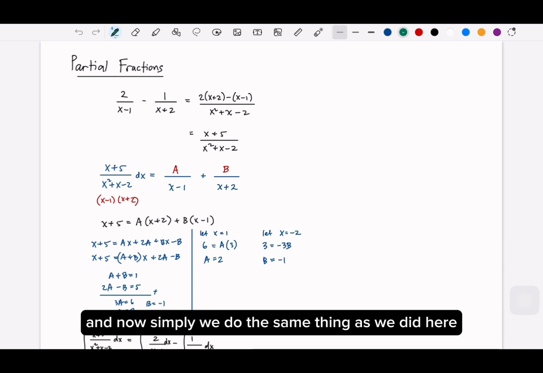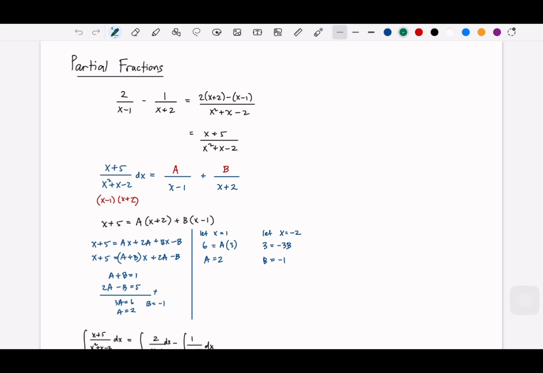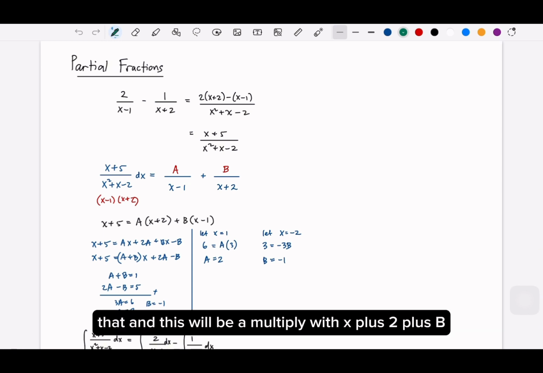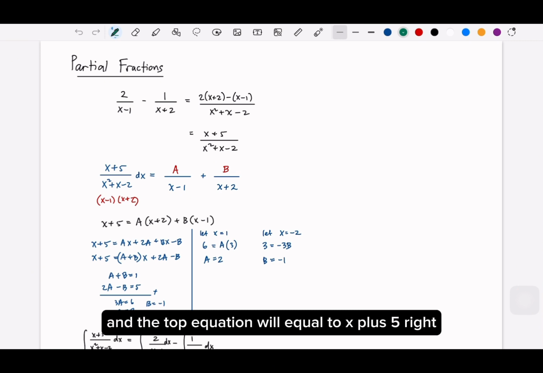And now simply we do the same thing as we did here. So we multiply by the denominator. This will be a multiplied with x plus 2 plus b multiplied with x minus 1. And the top equation will be equal to x plus 5, right?